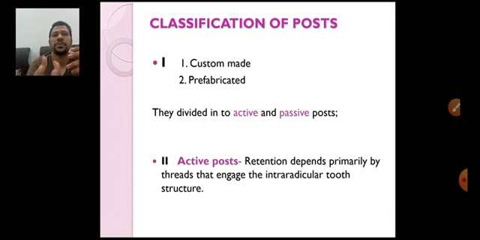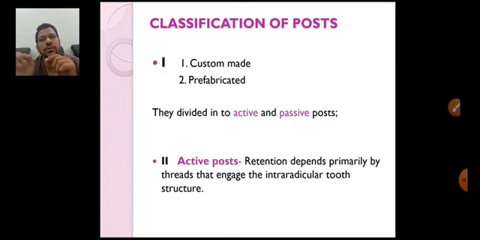You make a post space in the root canal and you put a post which has threads on it, and with the help of a small screwdriver or post driver, you give a torque, and the post goes inside. But in this case, what can happen is, when you insert a screw like that, the screw will exert a certain amount of force onto the walls of the post space.